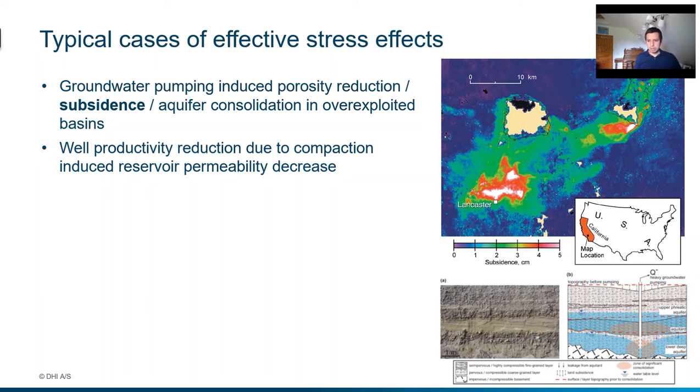What you see on my screen is a very famous case in the USA, the case of land subsidence in California. Specifically, it is the area of San Joaquin Valley in California, which records significant changes of the topography, so land subsidence, over the last years.